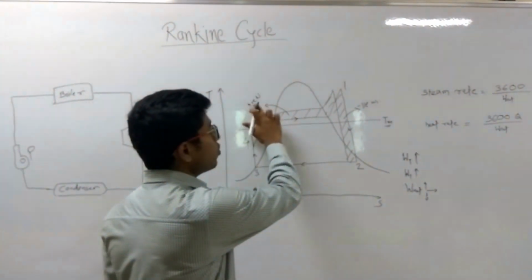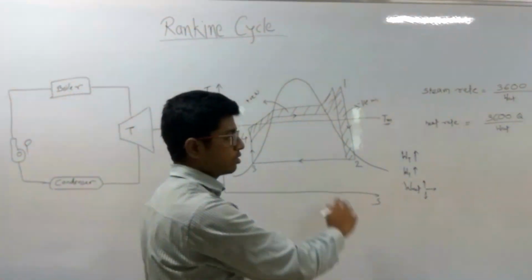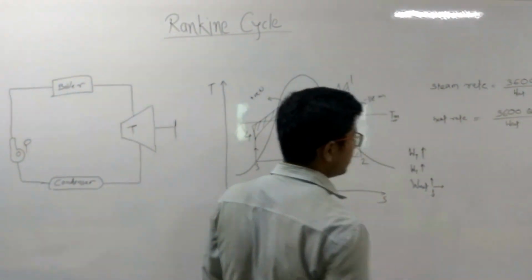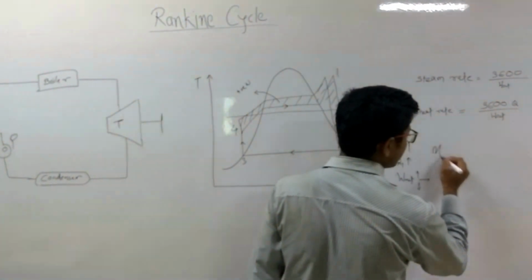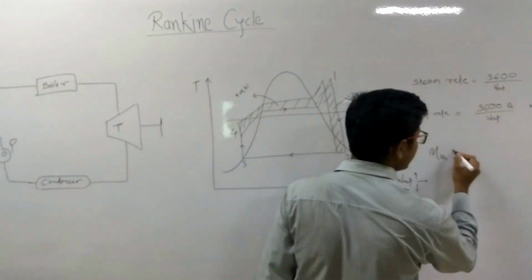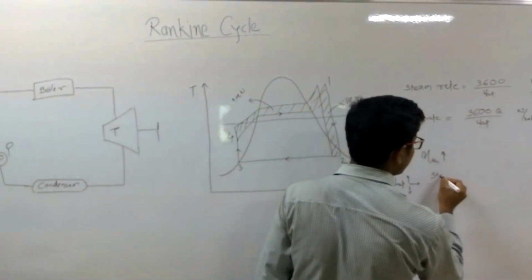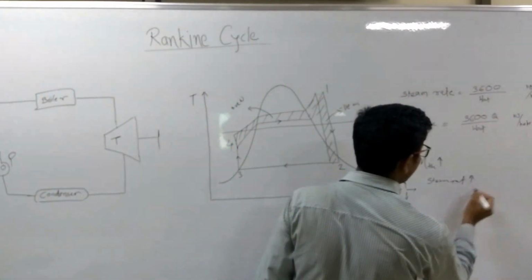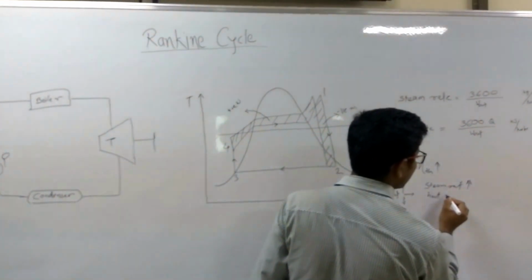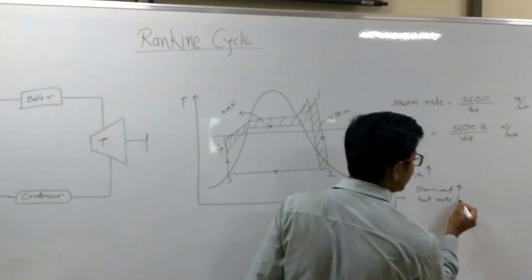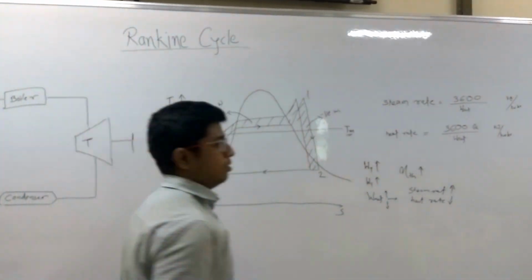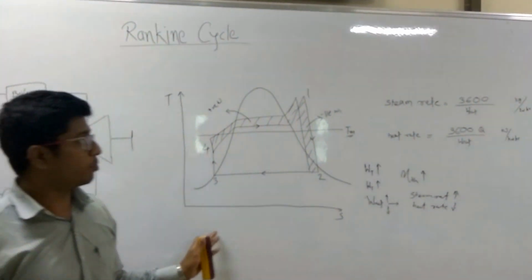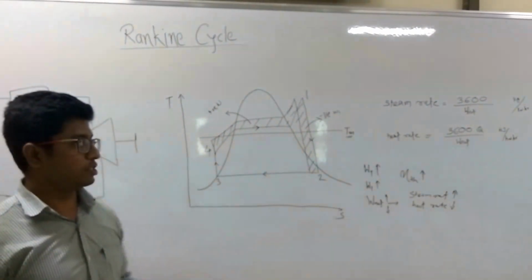And if the positive work is less than the negative work, then W net will decrease. In this case, efficiency will increase. Steam rate will increase, and heat rate will decrease. So this will happen if you increase boiler pressure.